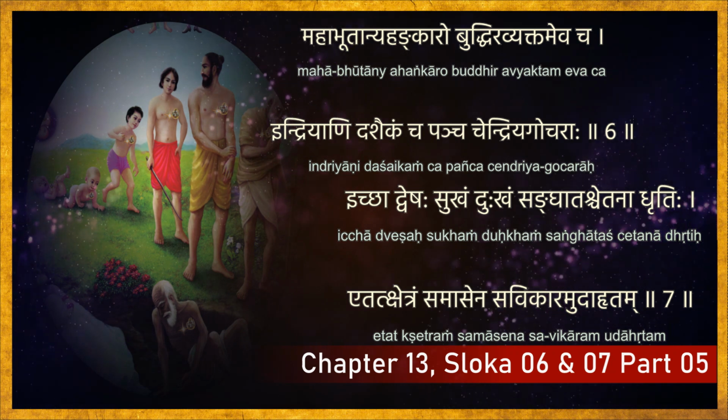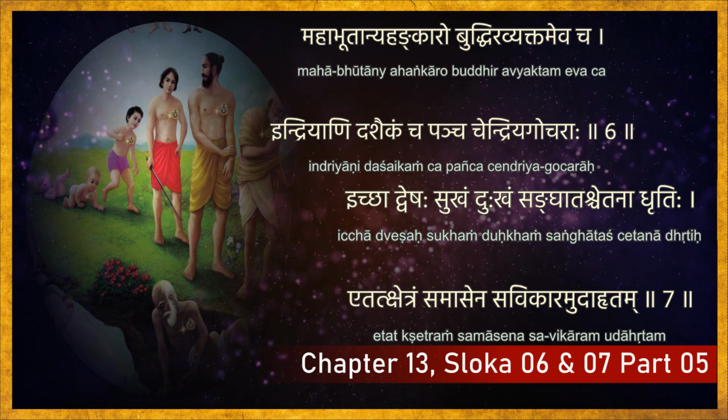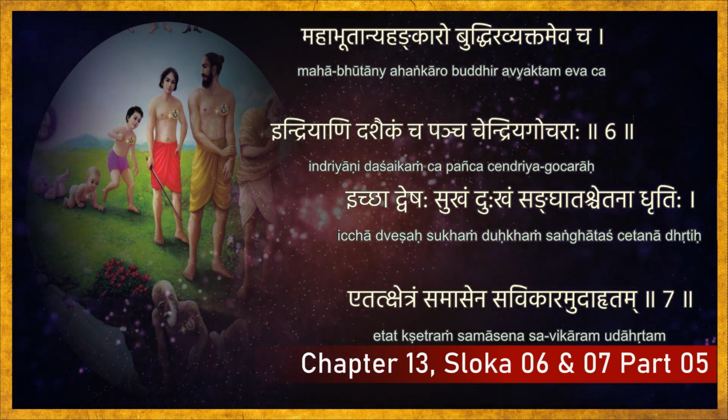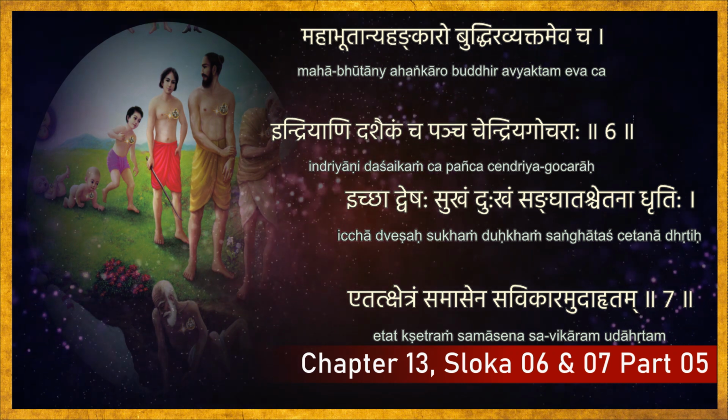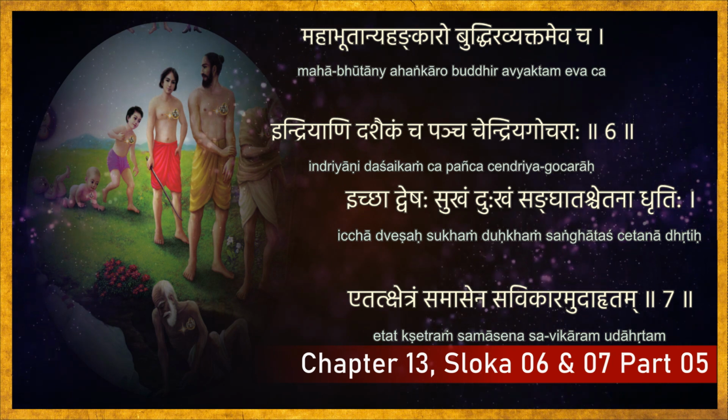Another thing we need to know is that all the 10 do not get created at the same time from Tamasa ahaṅkāra. There is a sequence. It is not a simultaneous creation of these 10 elements.